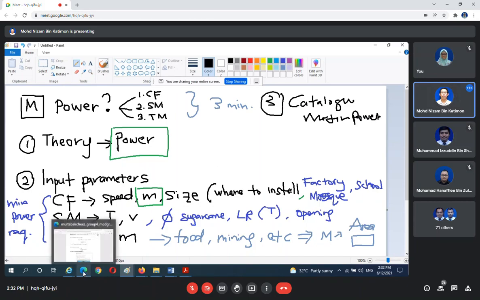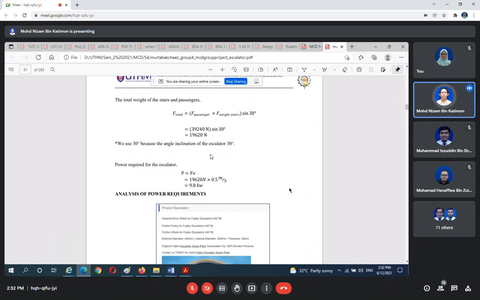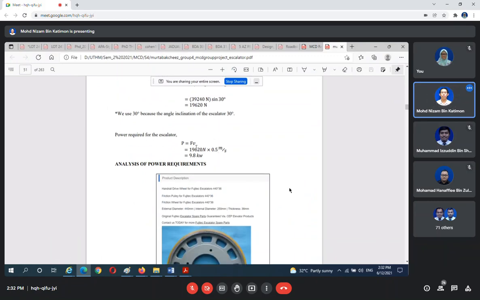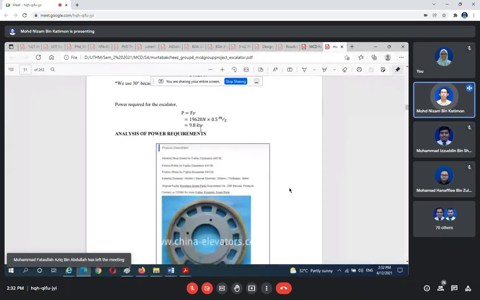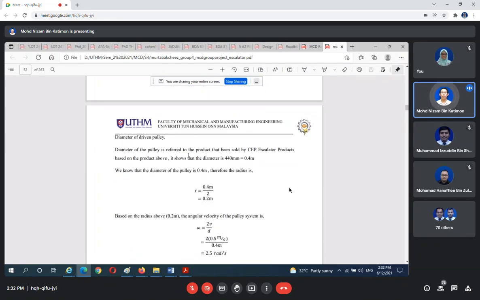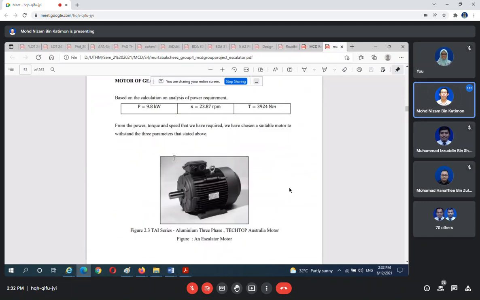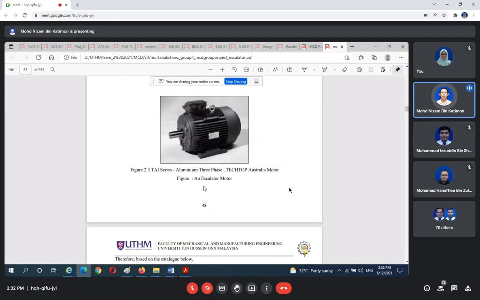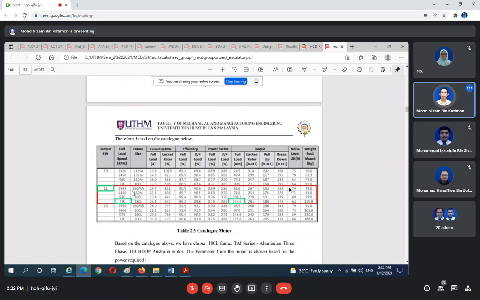For example, for this group, from their calculation, minimum power required for the escalator is 9.8 kilowatt. Therefore, they found a catalog and they choose a power that must be higher than the minimum.